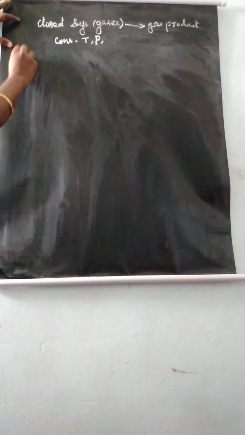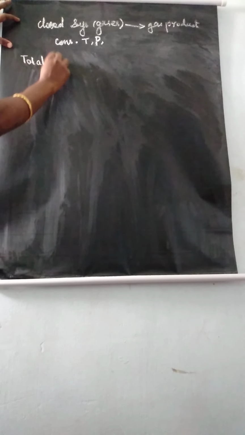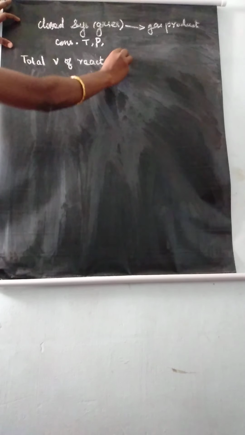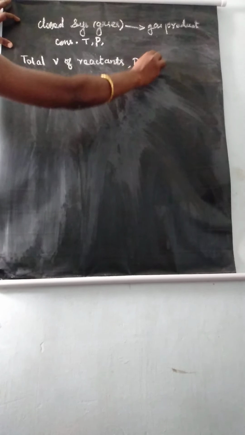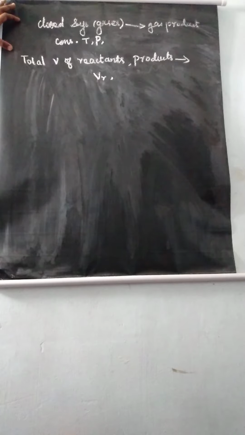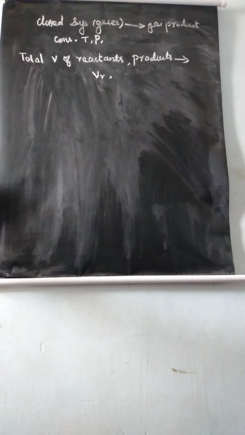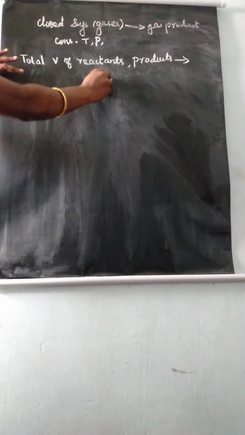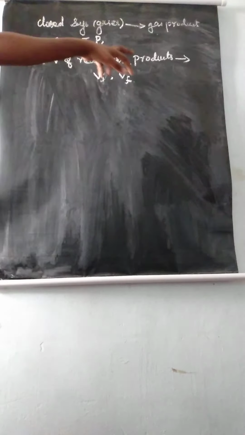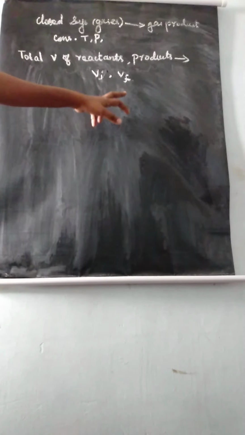And we are considering the total volume of reactants and products. The volume of the reactants is Vi and of the products is Vf.